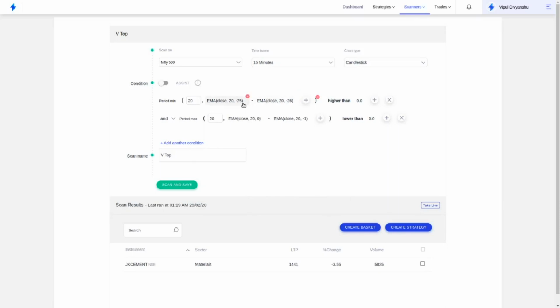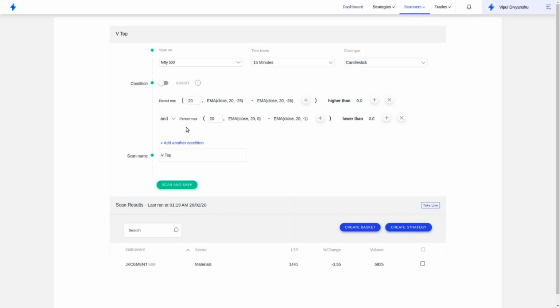This basically means that it is taking the current candle's EMA and subtracting with previous candle's EMA, but not looking at the current latest 25 candles. It is looking at candles which are older than 25 candles and subtracting each one with the previous candle, and it is trying to make sure that the value difference between the current candle's EMA and the previous ones is higher than 0 for 20 periods.